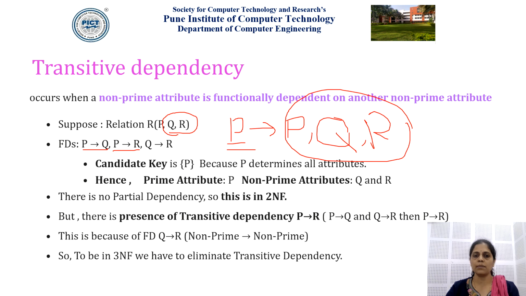Hence, we cannot say that Q and R are candidate keys for this relation. So the prime attribute is P and the non-prime attributes are Q and R.